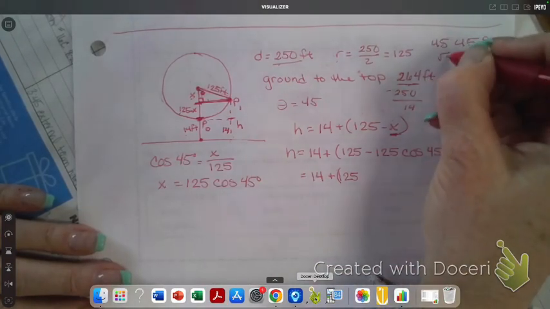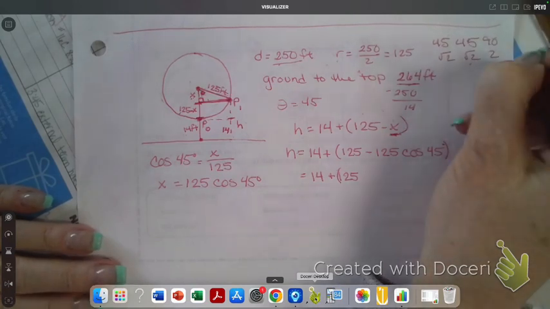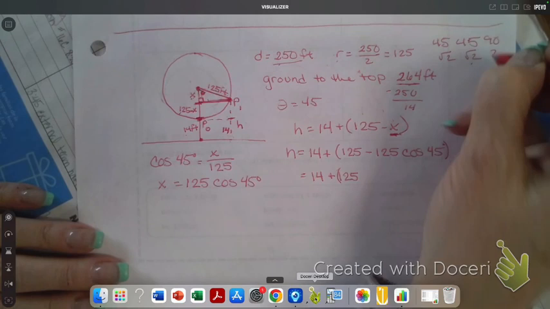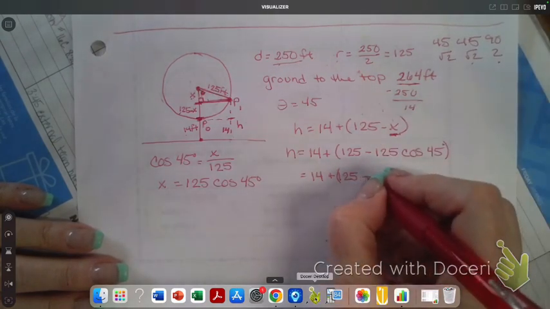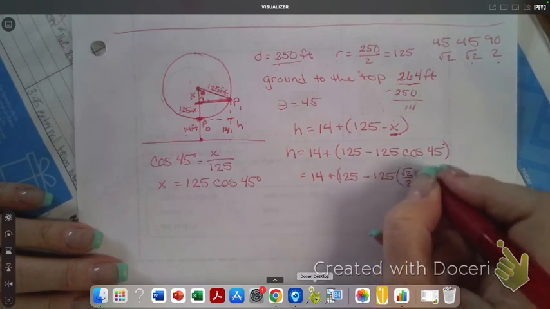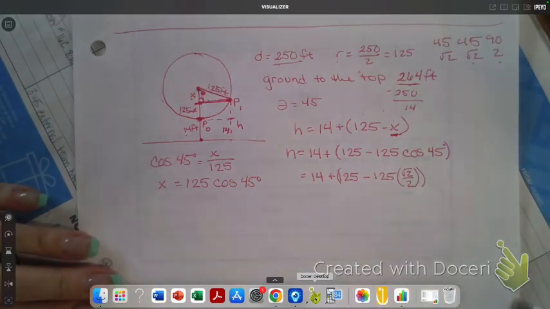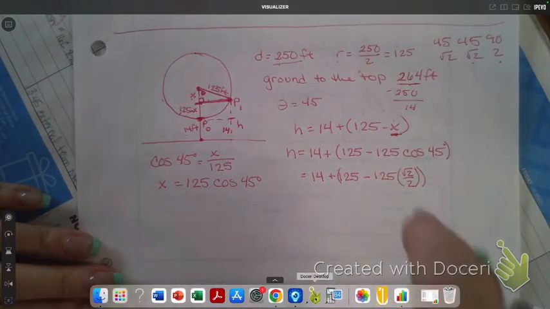So square root of 2, square root of 2, 2. So it's square root of 2 over 2. So 125 minus 125 square root of 2 over 2. So without a calculator, there is your answer. On your test, there is your answer.